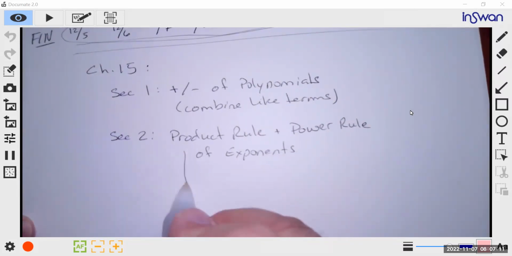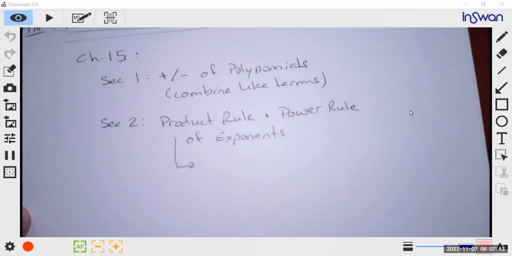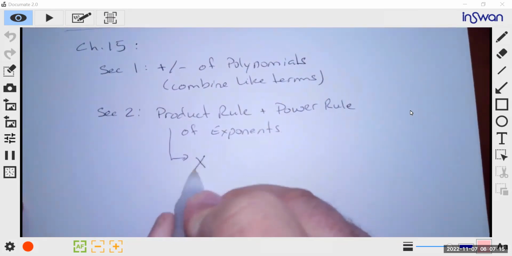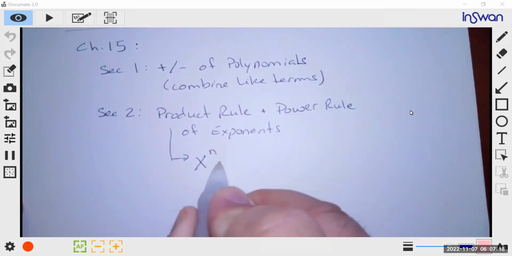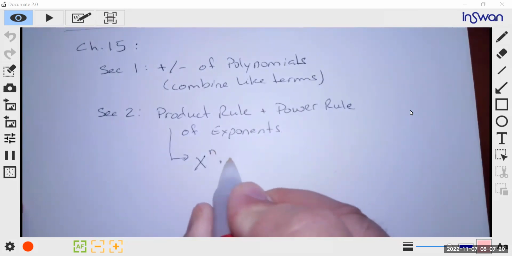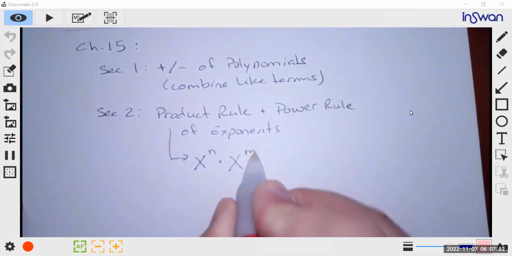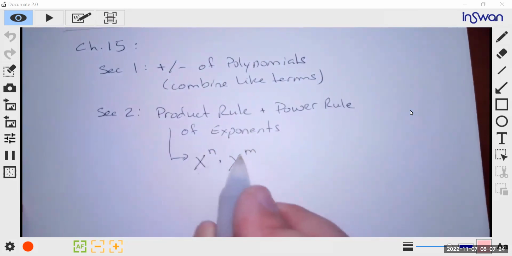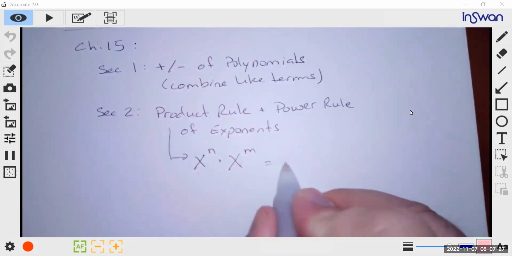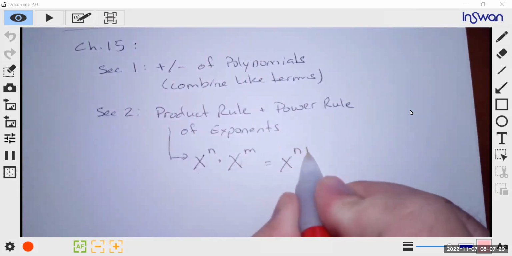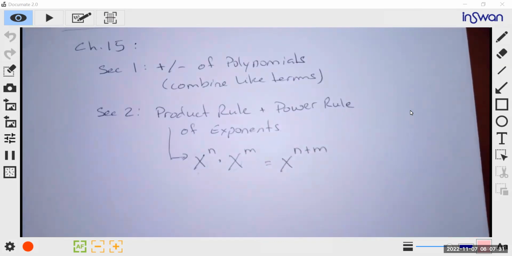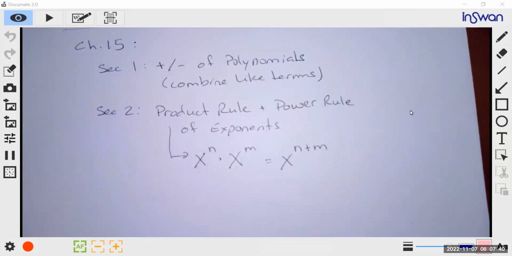The product rule simply said this: if you multiply 2 numbers with exponents and the bases are the same, if the bottom numbers are the same and you're multiplying together, a shortcut is just add the exponents. If the bases are the same and you're multiplying them, just add the exponents. That's the product rule. A product means multiplication.